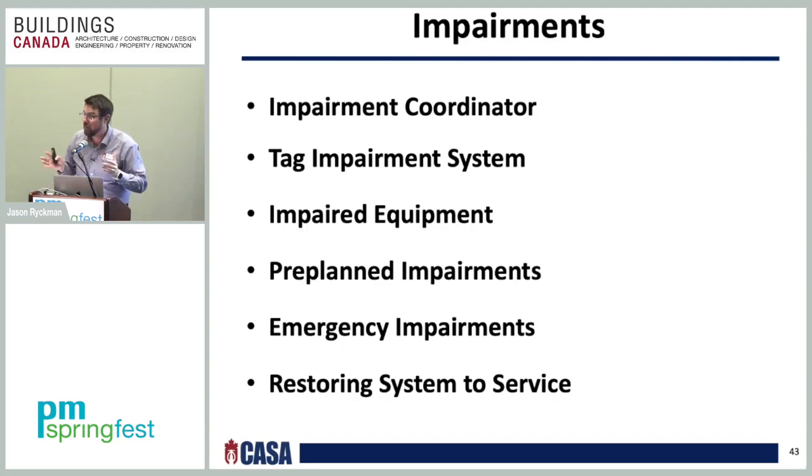It could be the building maintenance person, whoever that is. They have to take control of your water-based fire protection system. You have to have a tag impairment system in place. And you have to figure out your impaired equipment, what they are, pre-planned impairments, know the difference between pre-planned impairments and emergency impairments, and restoring the system back into service.